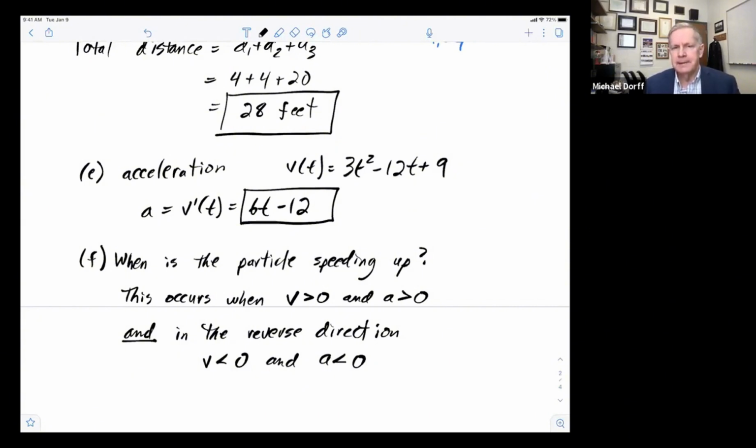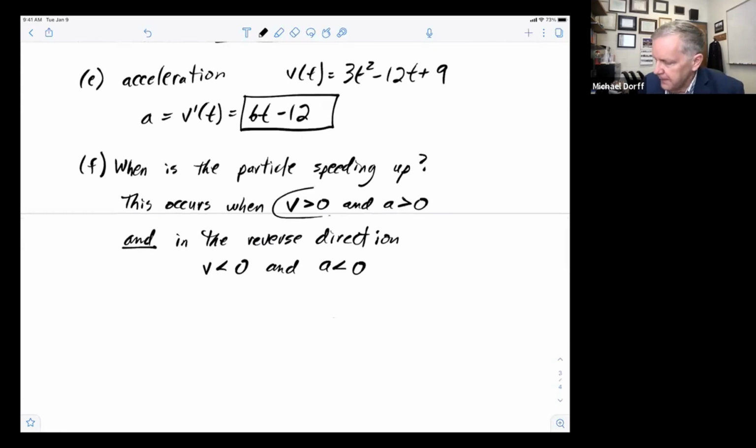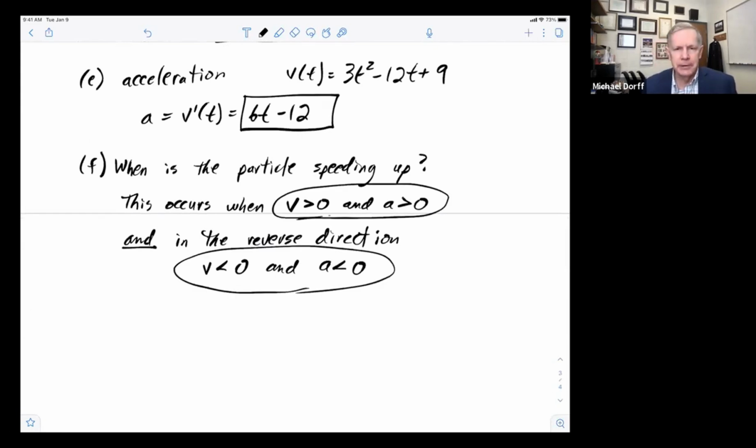So your velocity is less than 0 and your acceleration is less than 0. You're speeding up when the velocity is greater than 0 and acceleration is greater than 0, and when the velocity is less than 0 and acceleration is less than 0. So in other words, this happens when velocity and acceleration have the same sign.